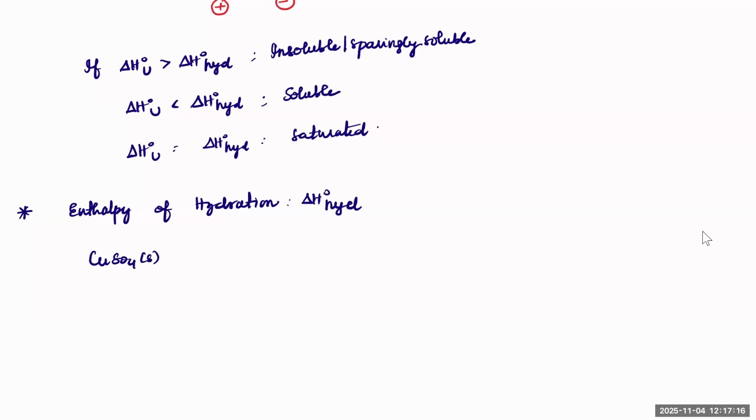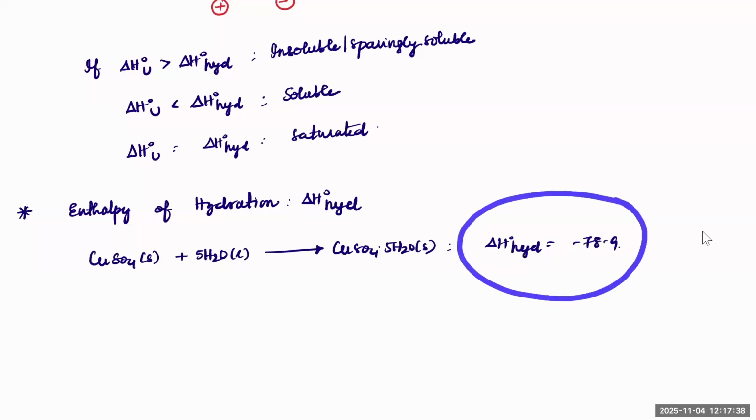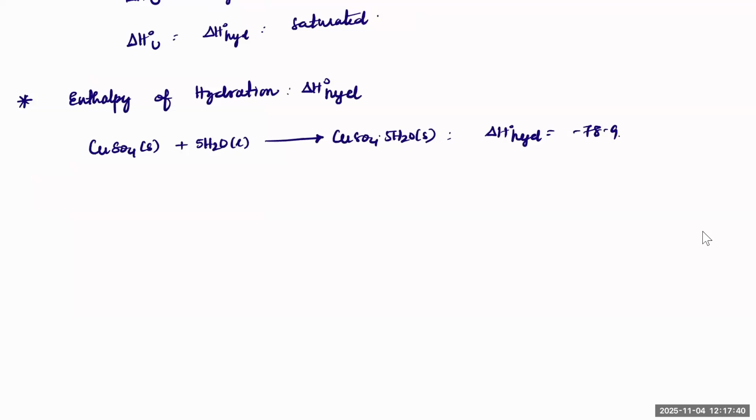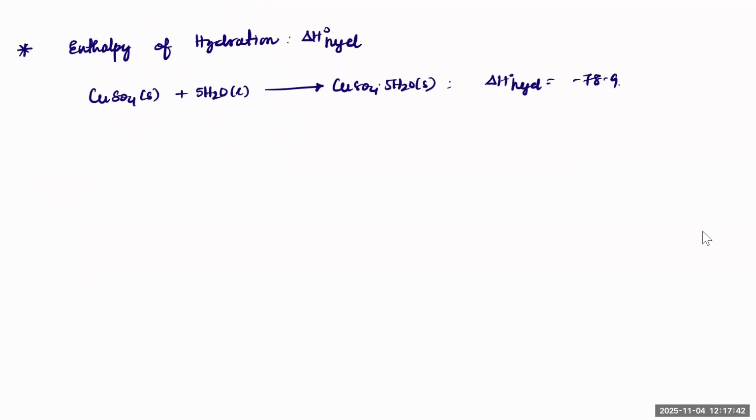That is, हाँ, CuSO4 solid plus 5H2O liquid. अब ये solid ही बन रहा है वापस CuSO4 dot 5H2O solid. Correct? So in that case, the energy which is released is what we call hydration energy. Okay, कि हाँ, पूरा नहीं हो रहा है, सिर्फ इतना ही रिलीज हो रहा है. ठीक है बेटा. So this is called delta H of hydration as well.